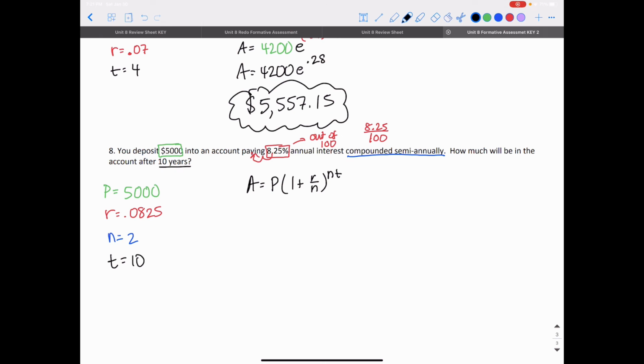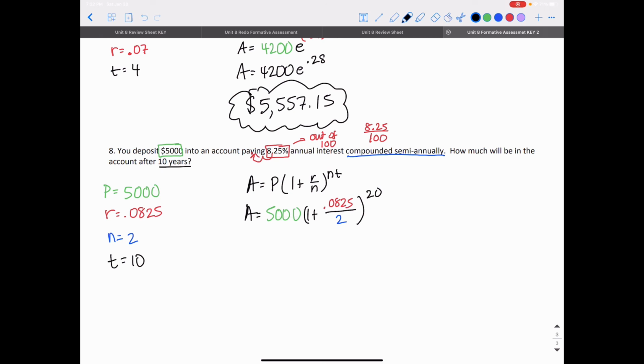So I plug this all in. I have A is equal to 5,000 times 1 plus 0.0825 divided by 2 raised to the 2 times 10 power, or the 20th power. 2 times 10 is 20.